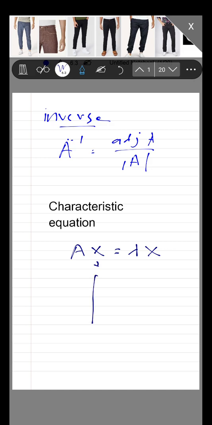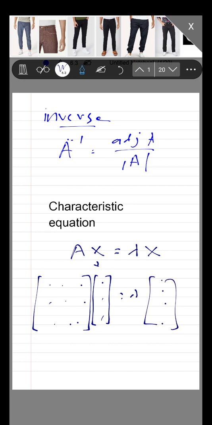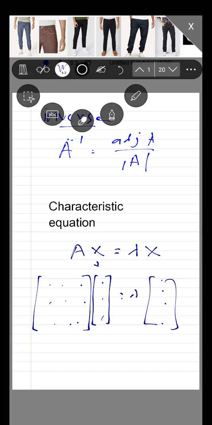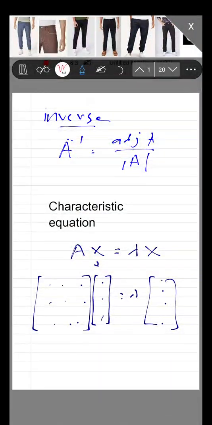By vector we mean it is either a column matrix or a row matrix, a single line of elements, and A is a full matrix, and lambda is a number. So this is equivalent to an eigenvalue eigenfunction equation. So this is the eigenvalue.